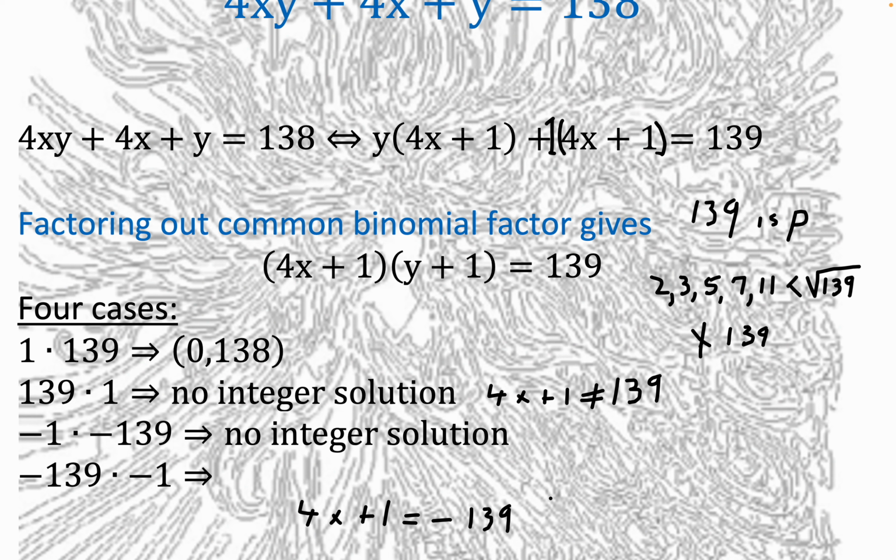And so x is equal to negative 35. Minus 35, ladies and gentlemen. So that means minus 35 would be the x-coordinate.